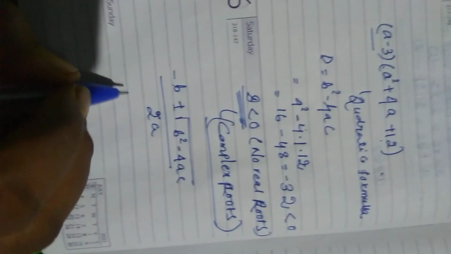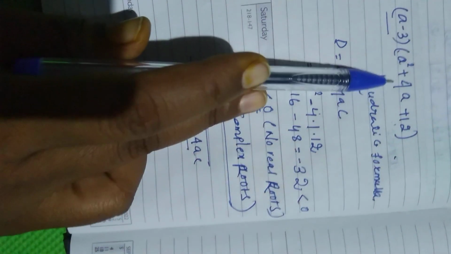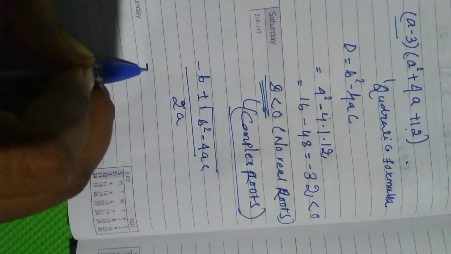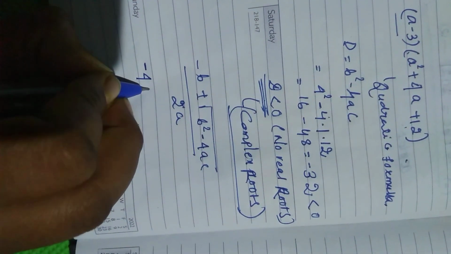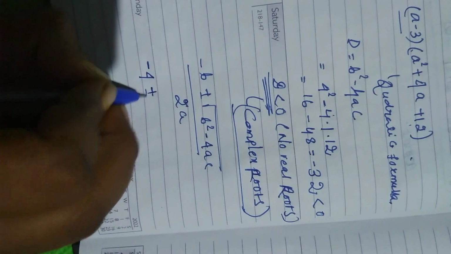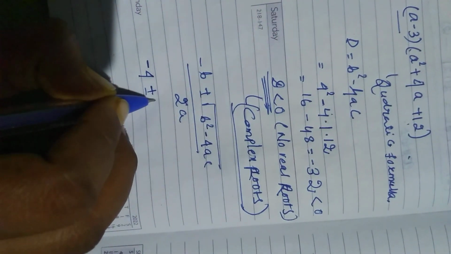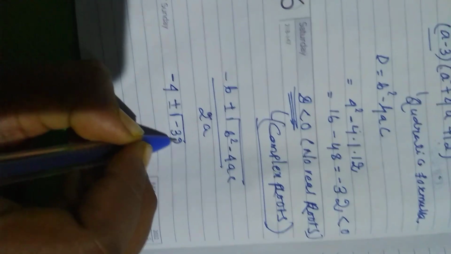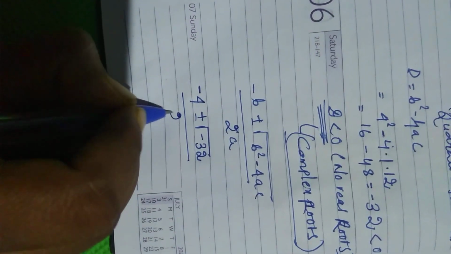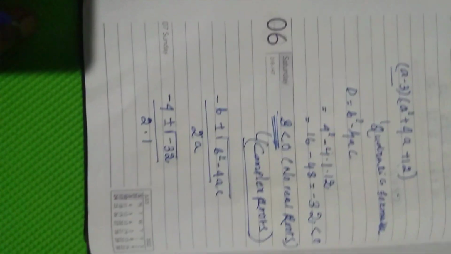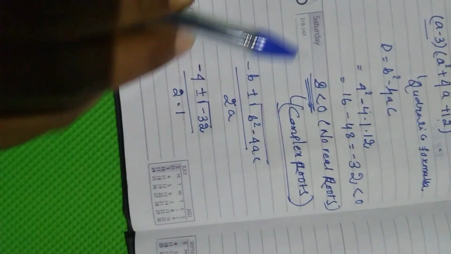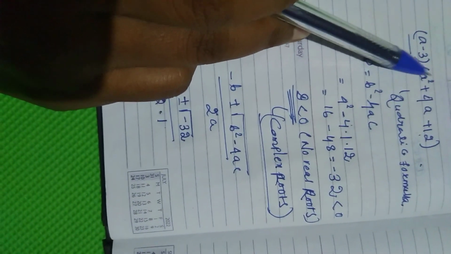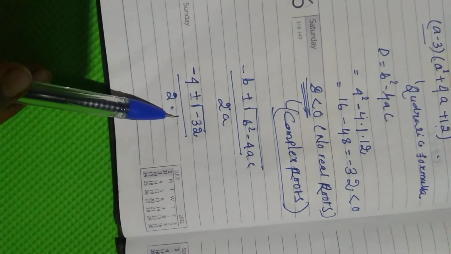It's positive 4, so negative into positive becomes negative, and then you have negative 4, plus or minus under root of b squared minus 4ac. You have already found it's negative 32, so I'm going to write that down, negative 32. And then I have this over 2 into a. The coefficient of a is 1, so 2 into 1 is 2.